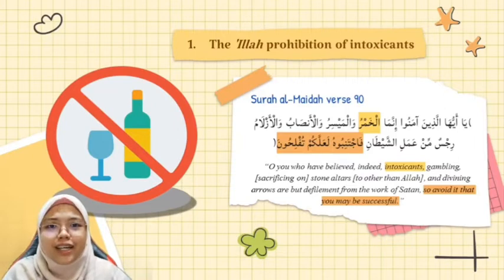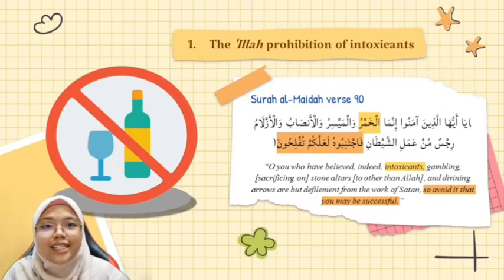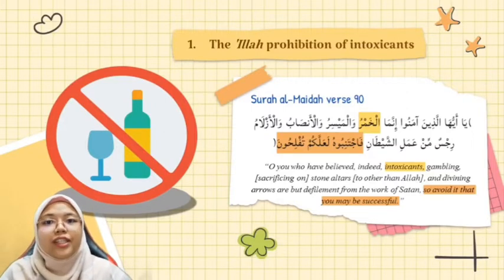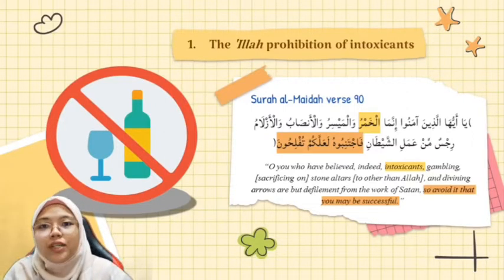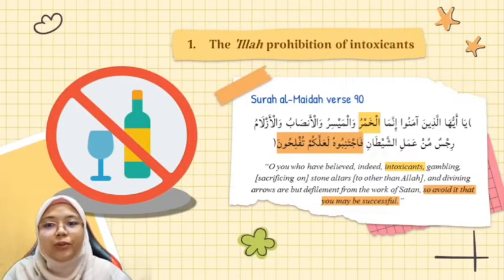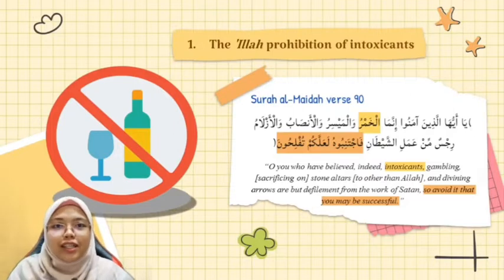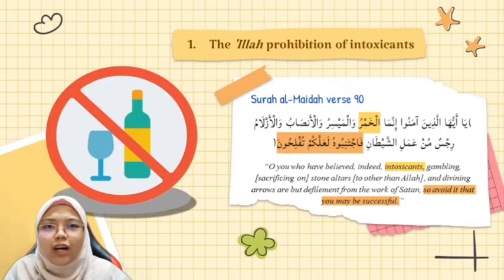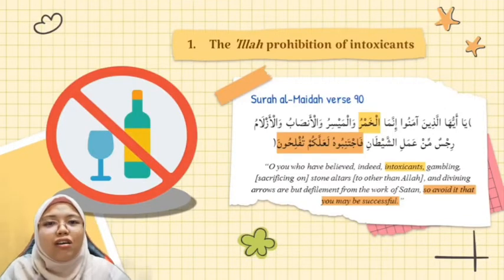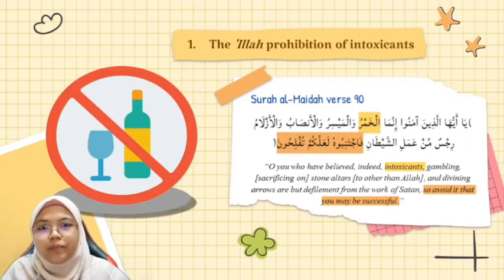In this ayah, we can see that the prohibition of intoxicants is clearly stated. However, the illah, which is the reason for the prohibition, is not mentioned. So, the mujtahid needs to strive to find out what the accurate illah for the prohibition is.